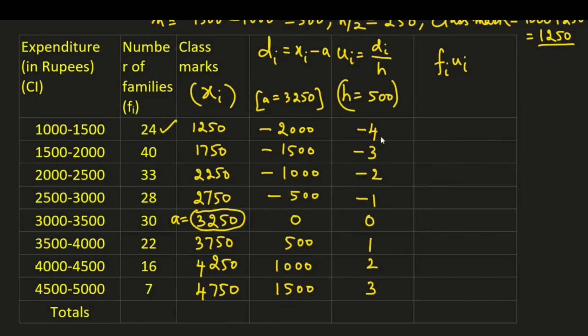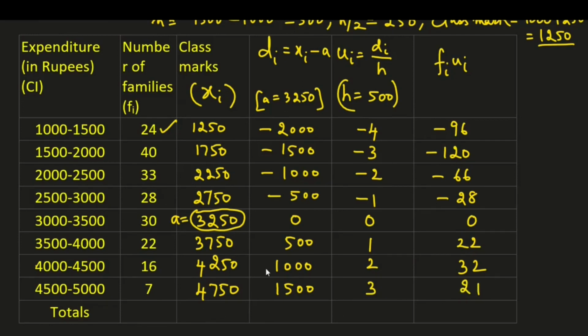Here 24 into minus 4 is minus 96. 40 into minus 3 is minus 120. 33 into minus 2 is minus 66. 28 into minus 1 is minus 28. 30 into 0 is 0. 22 into 1 is 22. 16 into 2 is 32. 7 into 3 is 21.